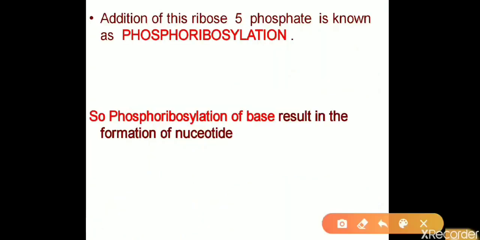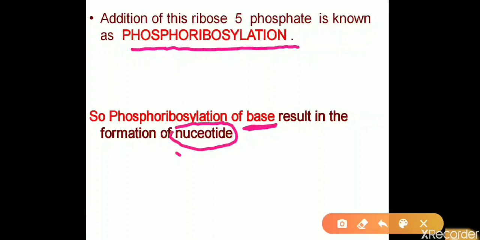Phosphoribosylation of a purine base results in the formation of the corresponding purine nucleotide. Is it clear?